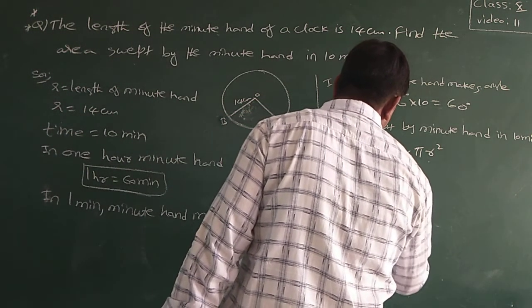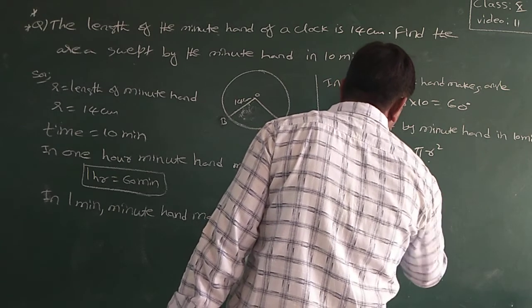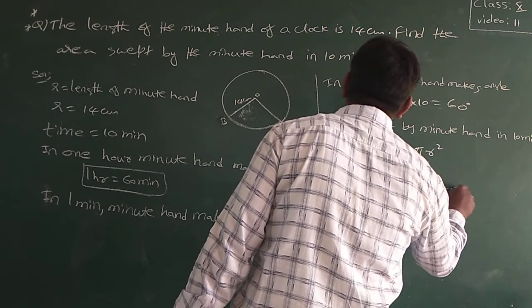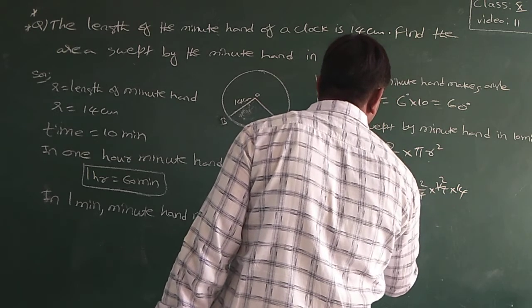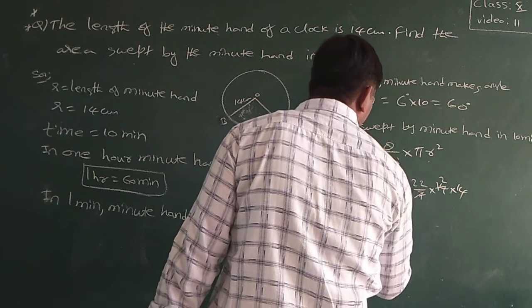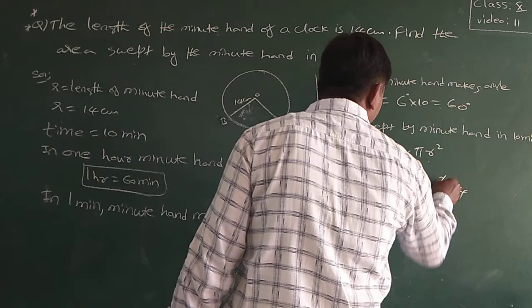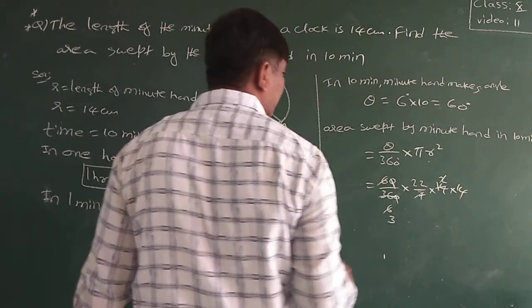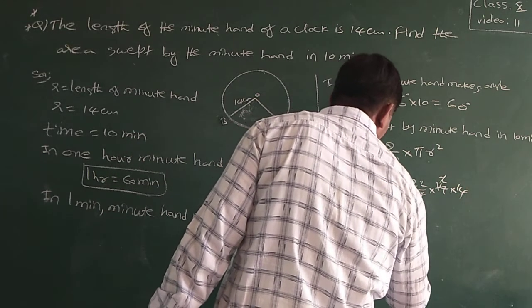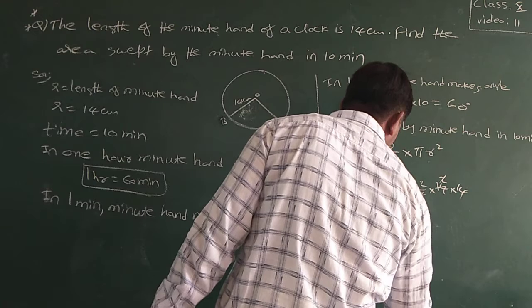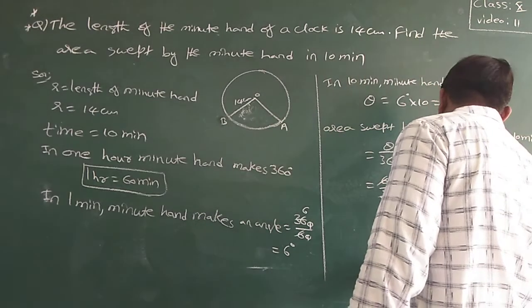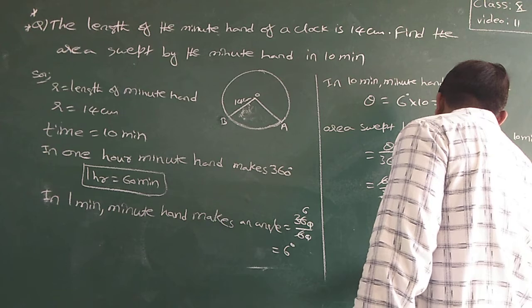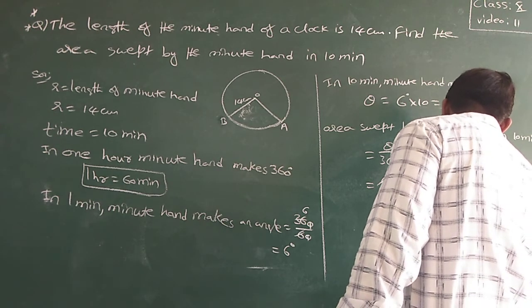So 60 degrees by 360 degrees into 22 by 7 into 14 into 14. 7 1s are 7, 7 2s are 14, 6 6s are 36. Now 22 into 14 by 3, that is 14 2s are 28, plus 2 is 30, so 308 by 3 centimeter square.